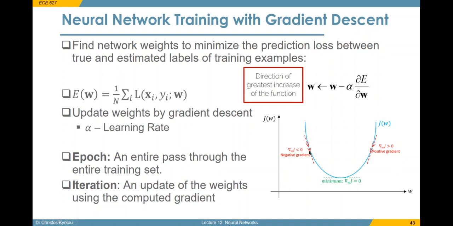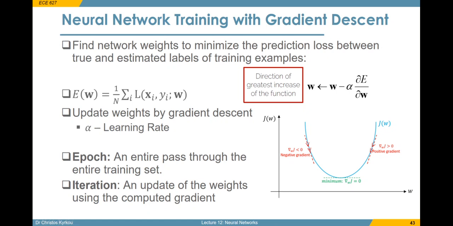So what we have to do is increase the value of W. So we want to invert the sign of the gradient. In the other case, if our gradient is positive, it means we're moving to an increased value of the loss function. So what we want to do is decrease the value of the weight. That's why we have the minus sign here.